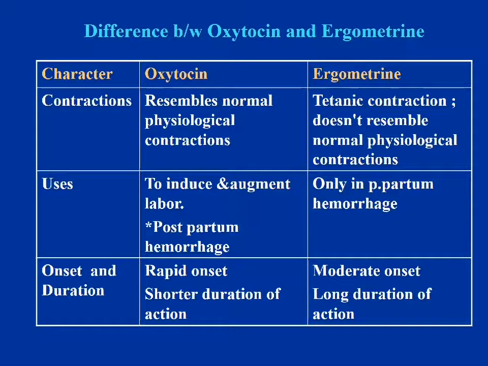Oxytocin is used to induce and augment labor and also for postpartum hemorrhage. Ergometrine is used only in postpartum hemorrhage, not to induce and augment labor. What about onset and duration? Oxytocin has a very rapid onset and shorter duration of action, unlike ergometrine, which has a moderate onset but longer duration of action.